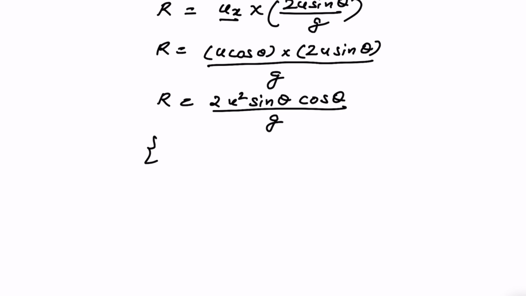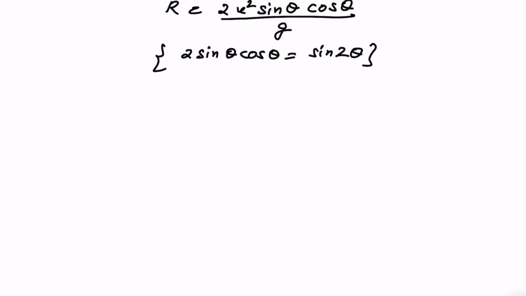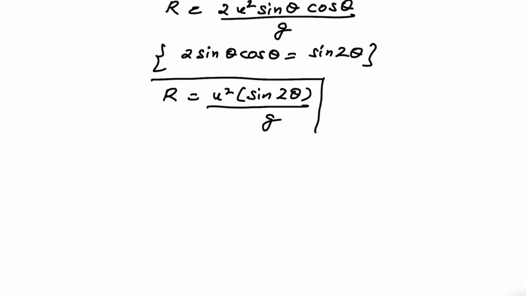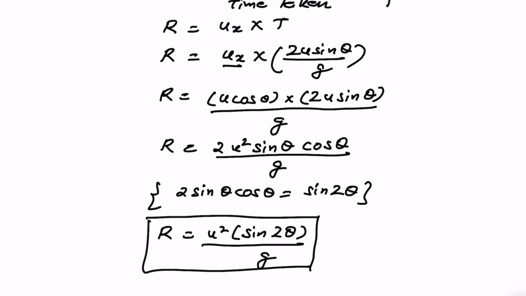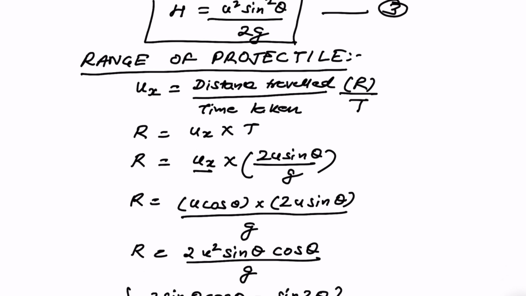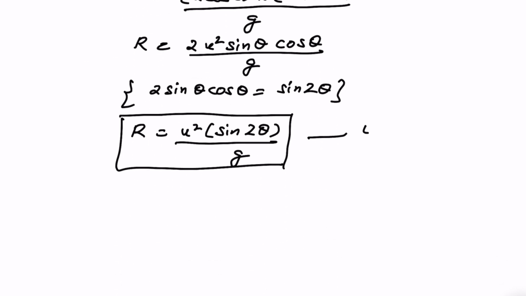And there is a formula in trigonometry: 2 sine theta cos theta, its value is always equal to how much? Sine 2 theta. So the value for range will become u square sine 2 theta upon g. So this is the formula for the range of the projectile. U square sine 2 theta upon g.